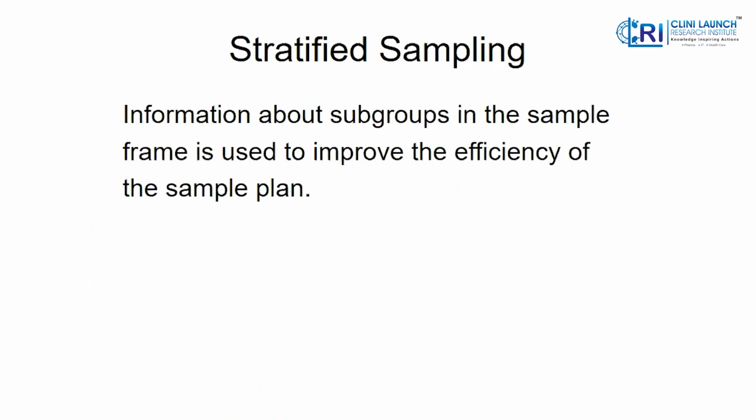So stratified sampling is sampling in which we divide the population into homogeneous groups, and those groups are called strata. And then independent samples are selected from each stratum.